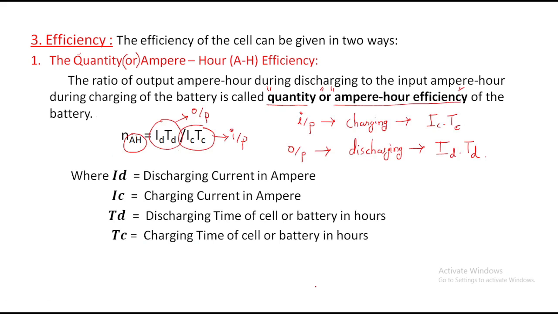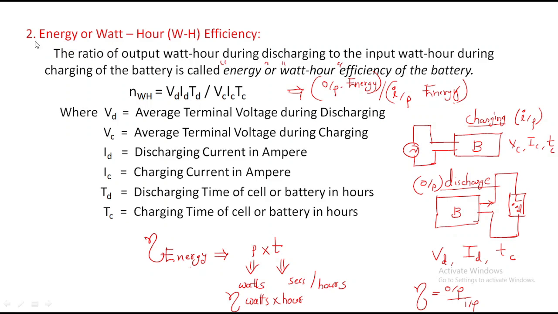So this is the third important characteristic, the efficiency. Generally this efficiency is of two types. One is the quantity or ampere hour efficiency. The second one is the energy or watt hour efficiency.